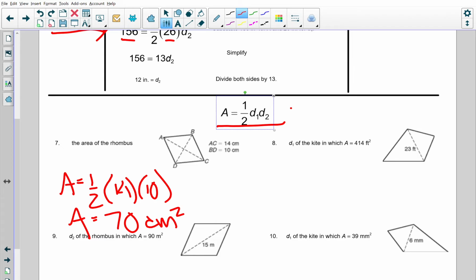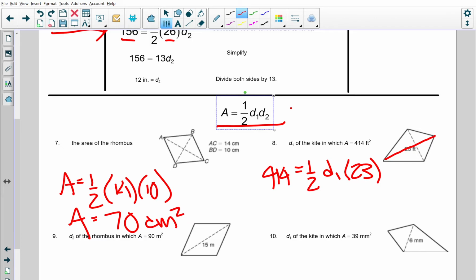Problem 8 here, we're looking for that guy. So we'll call that D1. So the area, 414, has to equal half of D1 times 23. Well, there's a couple of ways.